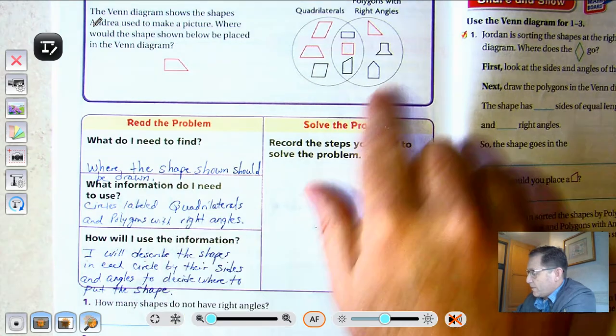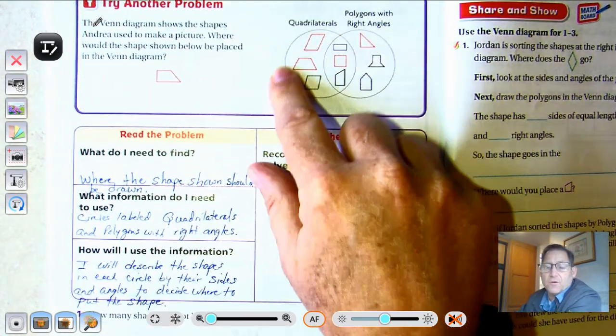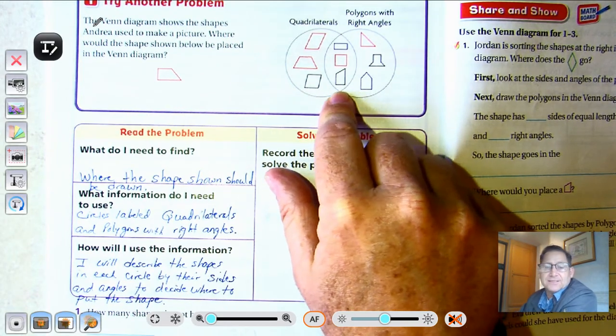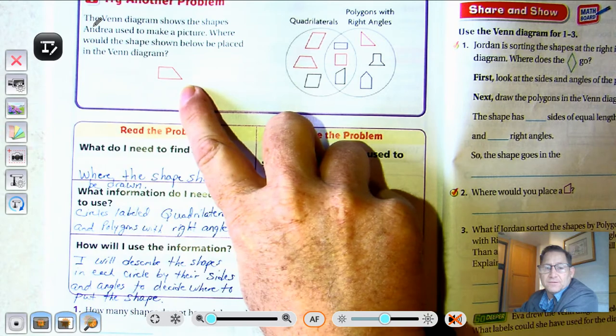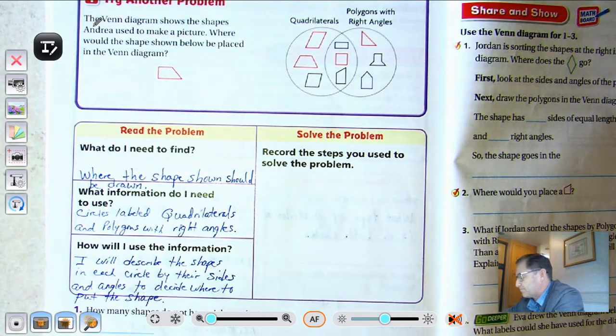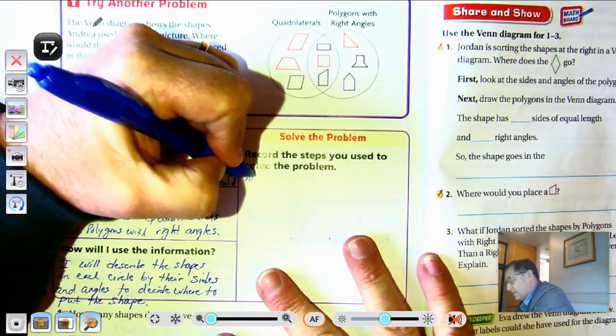Well, we need to look at the sides and angles of all of these shapes, describe their characteristics to be able to decide where we should put this shape. Okay, so record the steps. Okay, so all quadrilaterals have four sides.